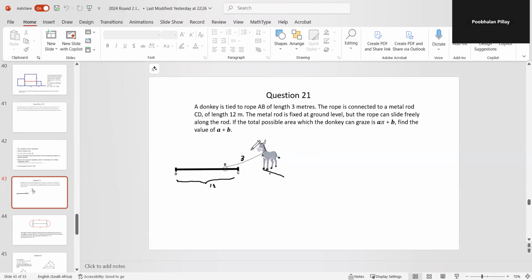So let's see now, how will this happen? Well, certainly you'll have the donkey. If this rope is at this point and you want to show how far it can reach, the donkey will go right to the end of the rope.